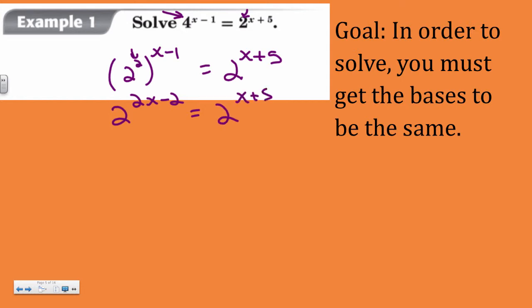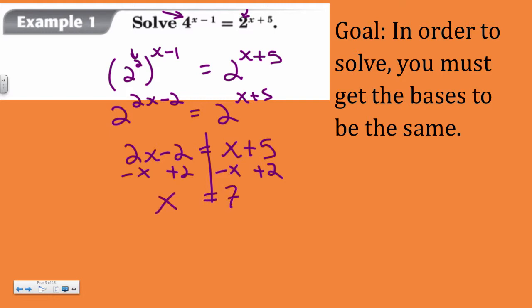Now once I have the two bases the same, I know that 2x minus 2 has to be equal to x plus 5, and I can solve the equation from here by subtracting x on both sides and adding 2. I'm going to do 2 steps at once, and I get x equals 7. I have just solved that exponential equation by making sure that those bases are the same.